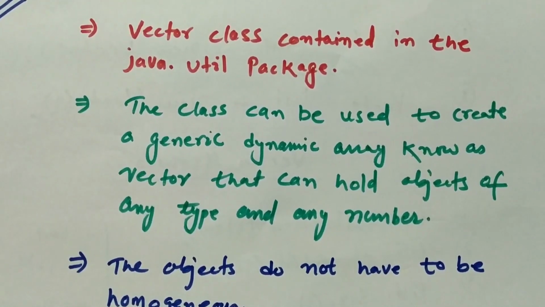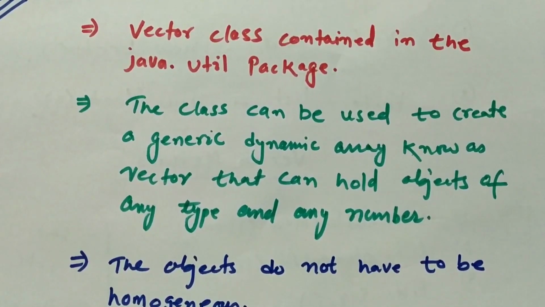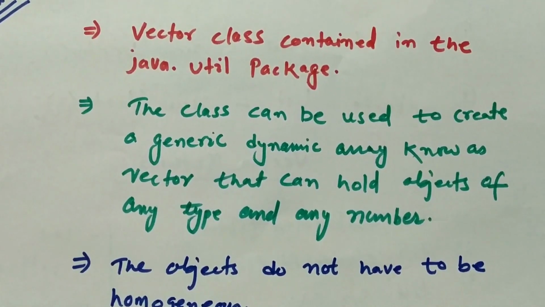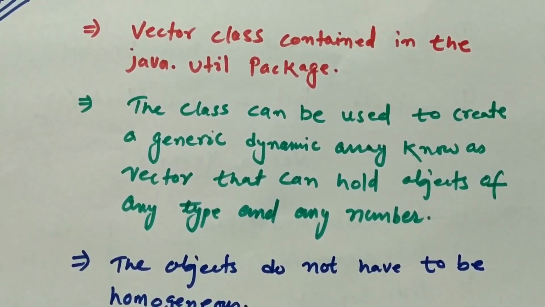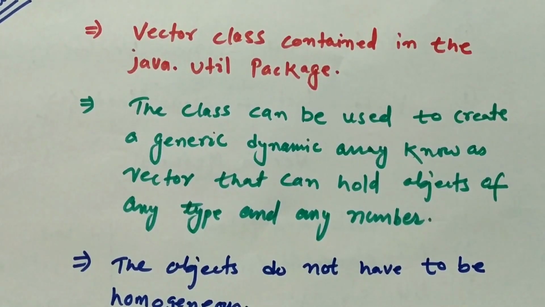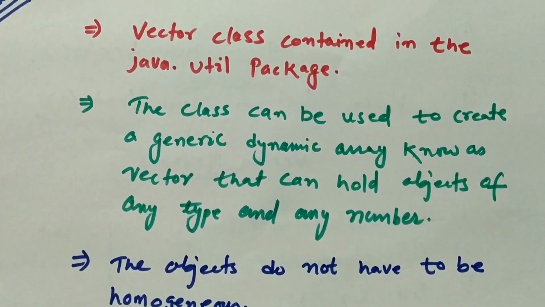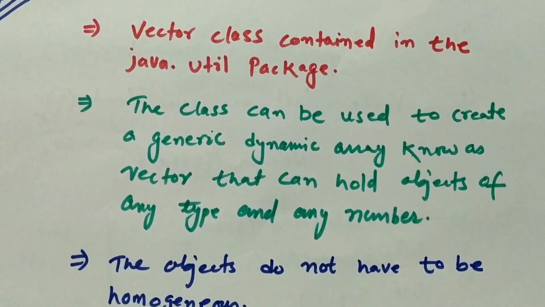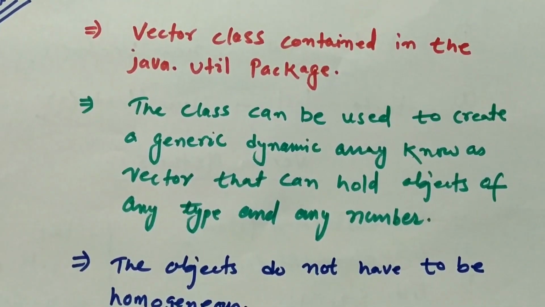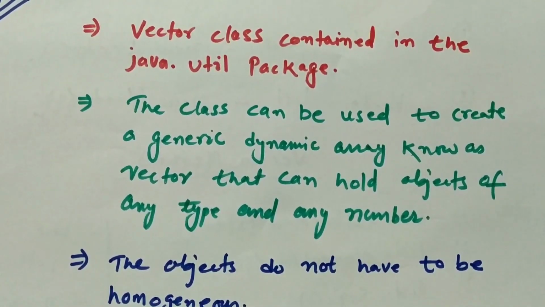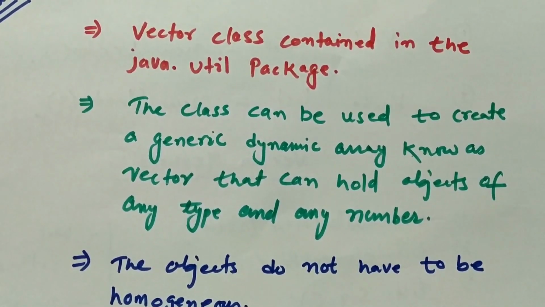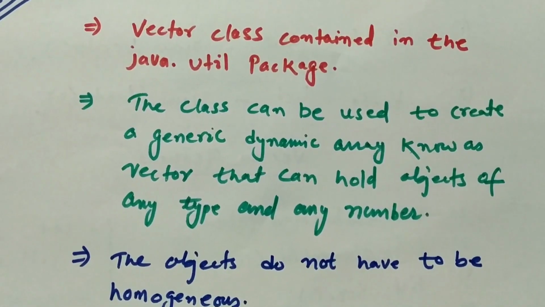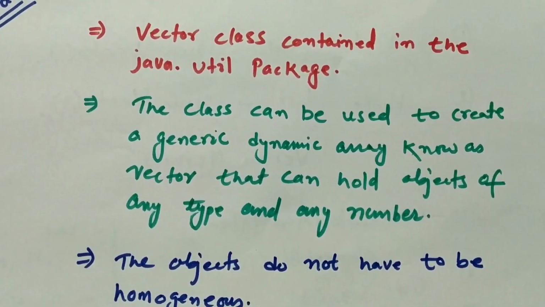That means vector class can be used as a generic dynamic array, whereas in an array we cannot insert data or elements dynamically, but here in vector we can insert data dynamically. So vector can hold objects of any type and any number, right? We can insert into a vector list integers, characters, strings, any type.